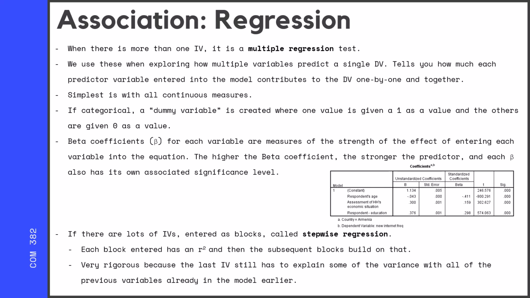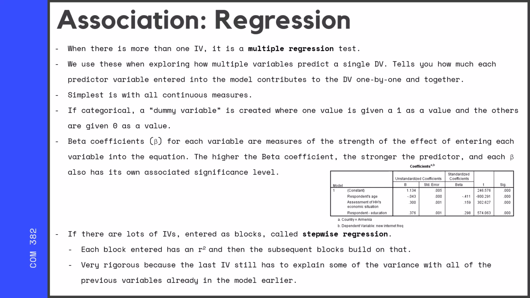If you have a categorical variable that you want to put into regression, you have to do this thing which is called creating a dummy variable, where that categorical variable, one value of it, let's say it's like blue eyes versus brown eyes or something, is given a 1 and the other values are given a 0.